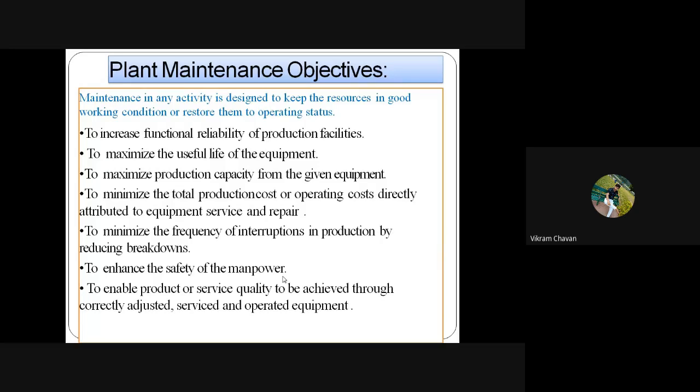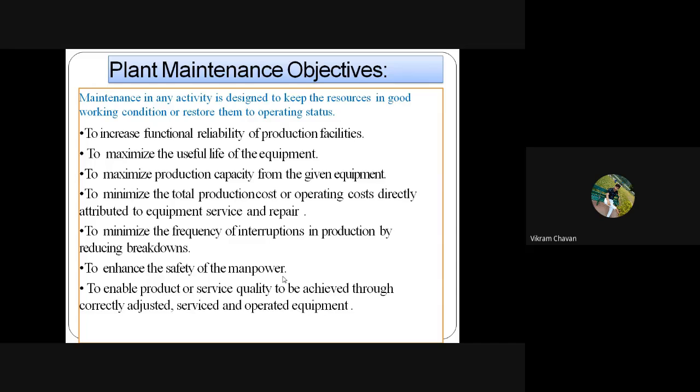And side by side, if the machines are reliable for some time period, then it will help to maximize the usefulness of that particular equipment and to maximize the production capacity. As it increases the production capacity, obviously it will help to reduce the production cost and the operating cost, because the equipment will run at full capacity and there will not be any loss of production.